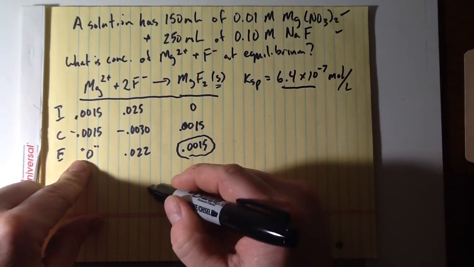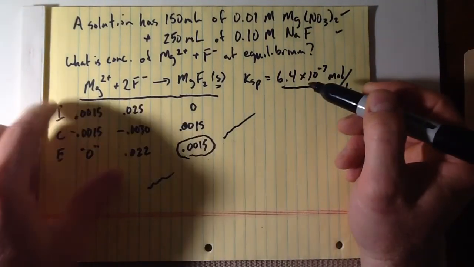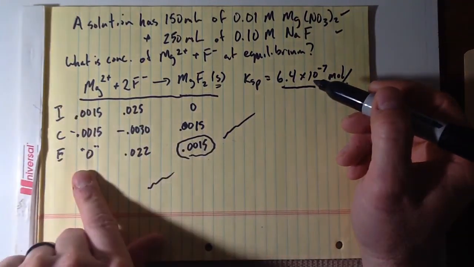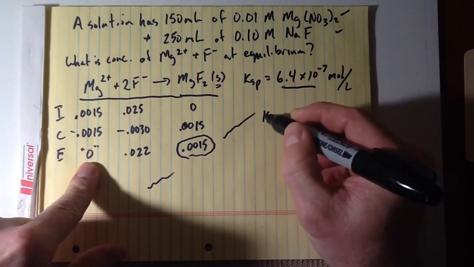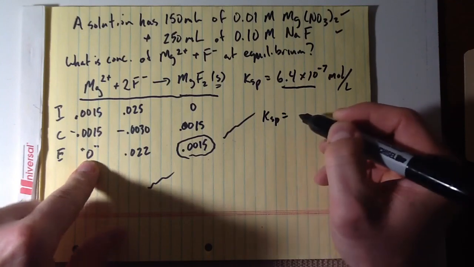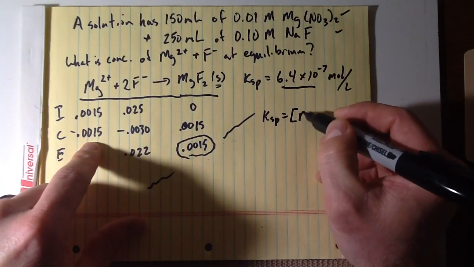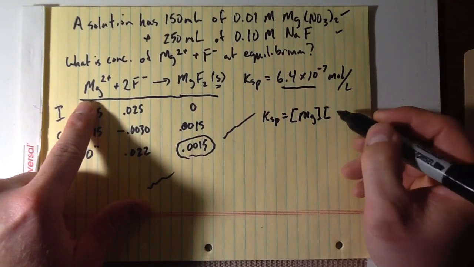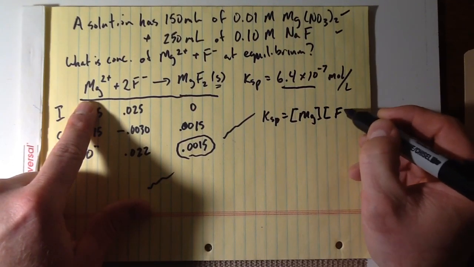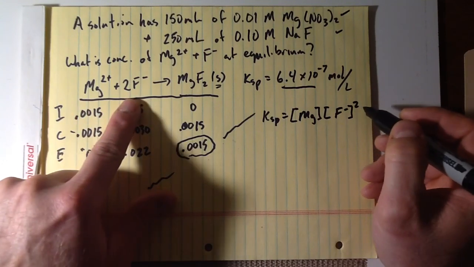That's what we have to figure out next: from this point, how do I deal with that 0? How do I change that? Well, we know KSP is equal to the concentration of the magnesium and the fluoride. And the fluoride we square because of that coefficient.